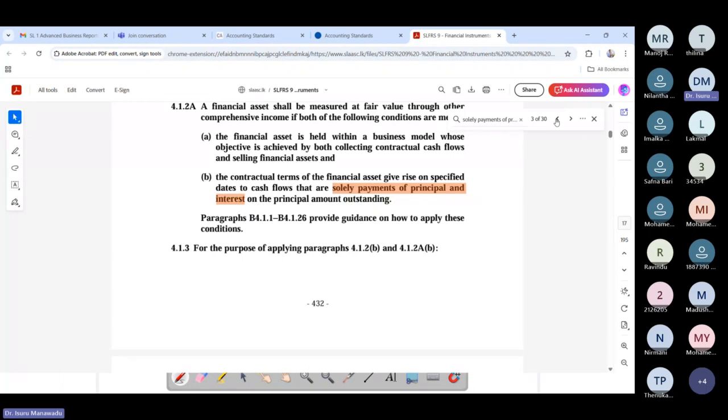Business model: invest, hold, and sell. There are two types, invest and hold, and sell. This is fair value through OCI. The first condition is on the business model, the second on contractual cash flow characteristics.